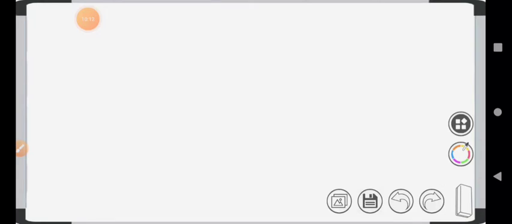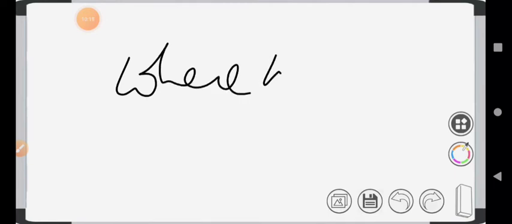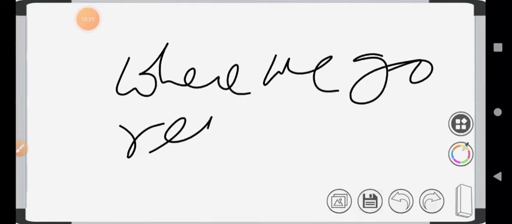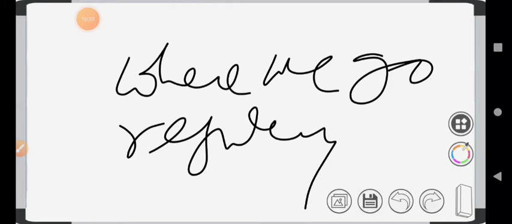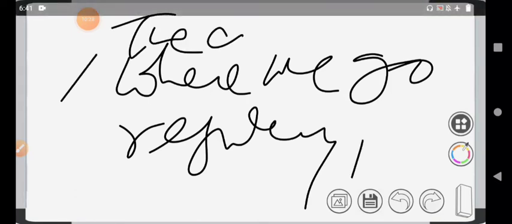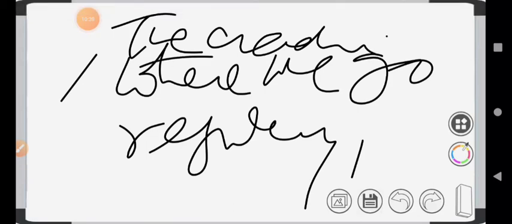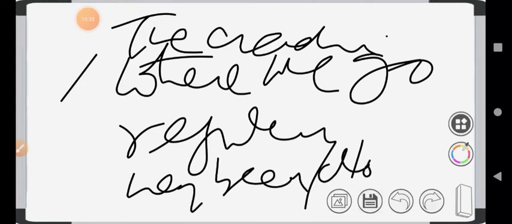The Gandhi Park, where we go regularly. It is in between commas. Here we also write the definite article. The Gandhi Park, where we go regularly, has been closed.